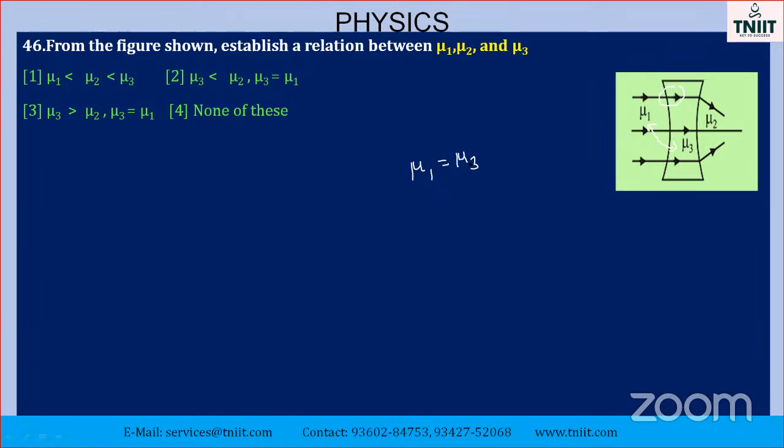And it is converging, but it looks like a concave lens. In the concave lens, it is converging, which means mu3 is less than mu2. If the refractive index is less, then only it will converge instead of diverging. So you can go with the second option.